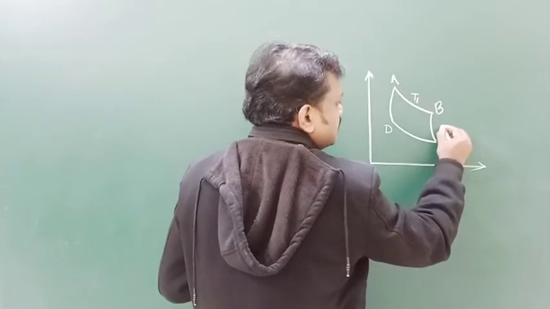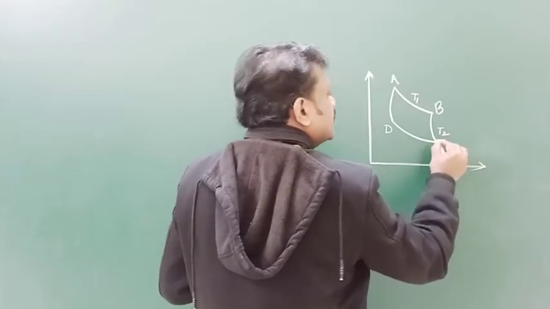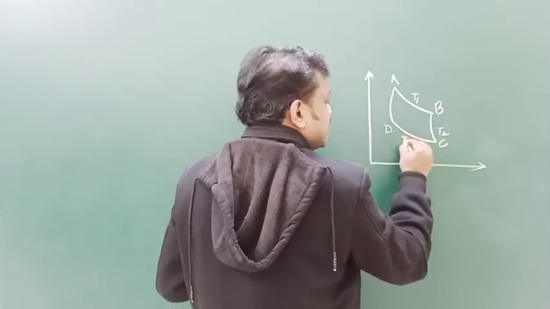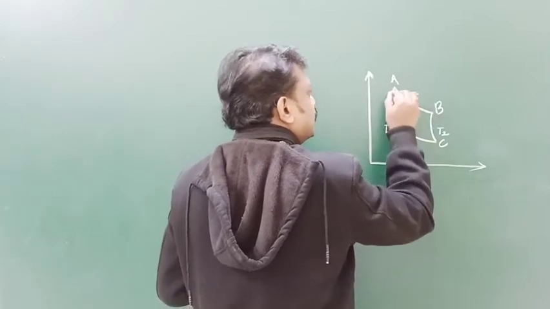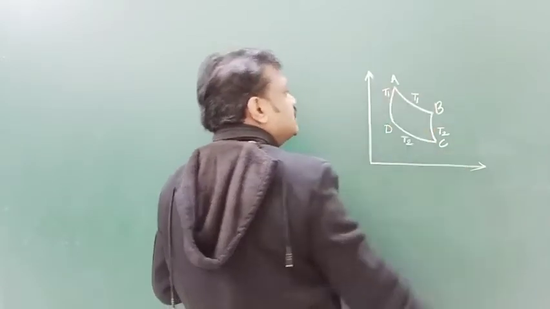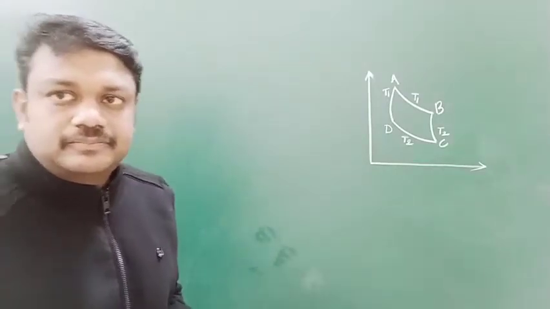From B to C, the temperature falls to T2. Then C to D, the temperature remains T2. Then from D to A, the temperature comes back to T1.